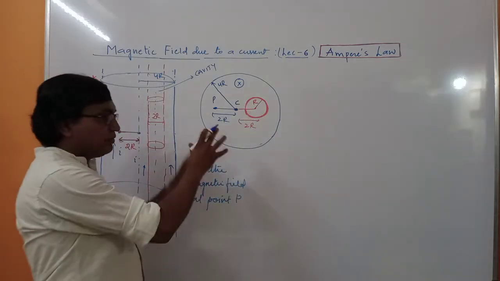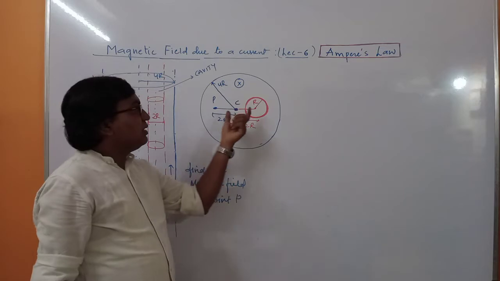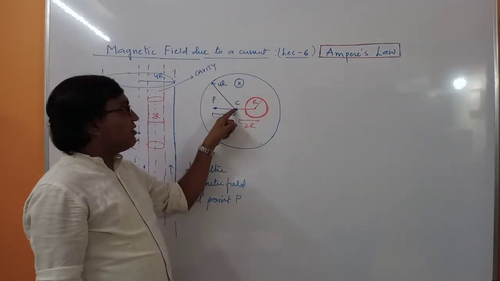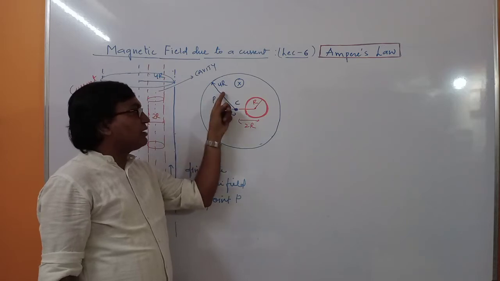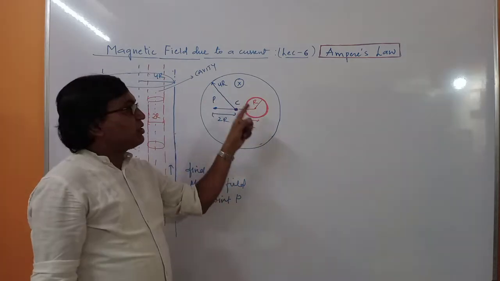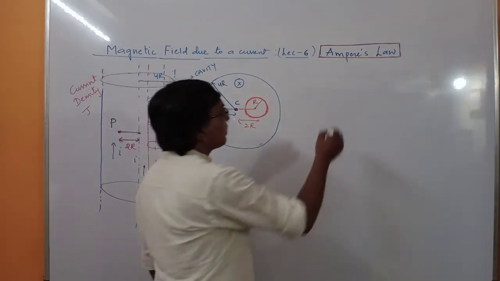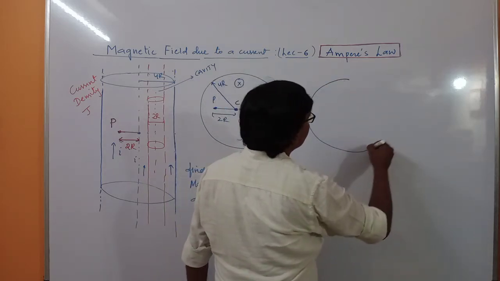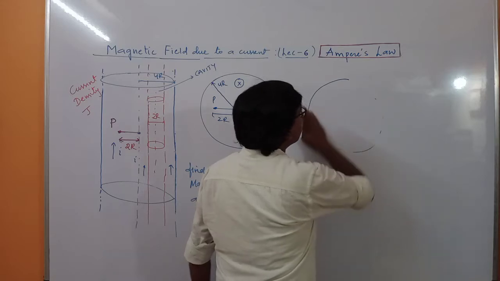Fine. Now again we will consider this case as a combination of two wires. One cylindrical wire of cross sectional radius 4r and another of cross sectional radius r. So one wire, we'll consider this complete wire.